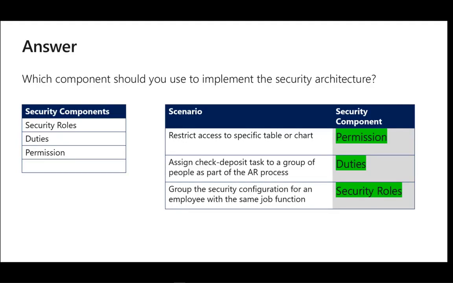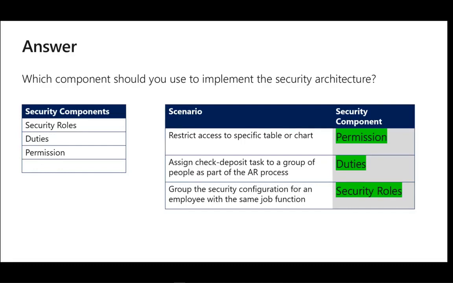Group the security configuration for an employee with the same job function maps to security role. Based on what we learned today about Dynamics 365 for finance and operations security hierarchy, restricting access is about permission for a specific table.